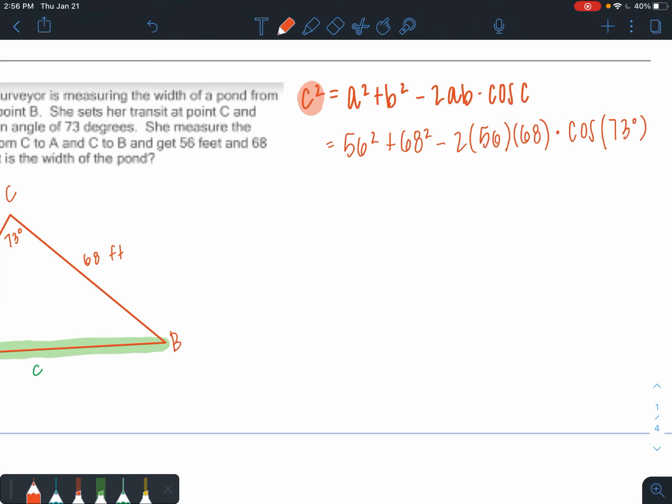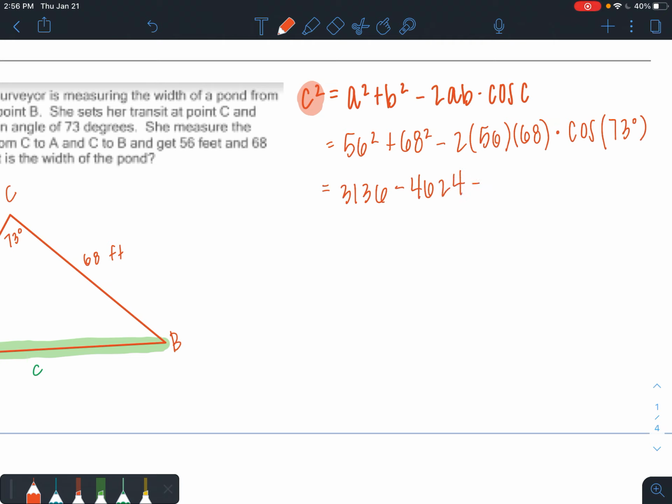So 56 squared is 3136. 68 squared is 4624.